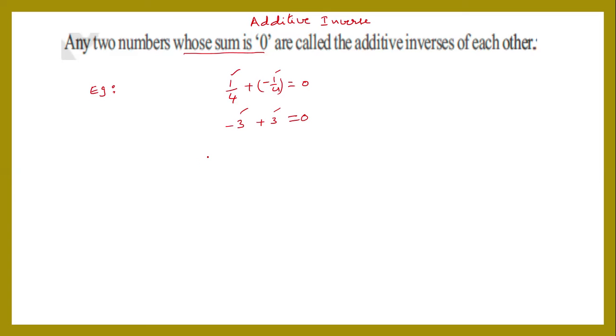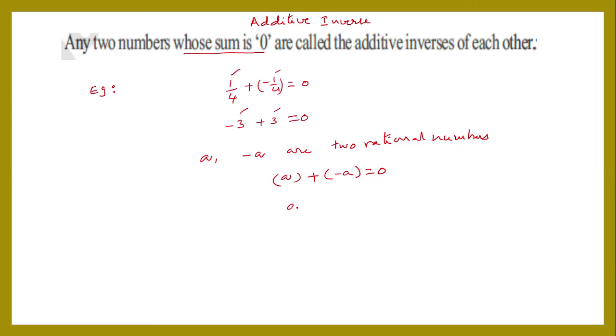We conclude that if A and minus A are two rational numbers, the sum of those two, A plus minus A, what do we get? 0. If the sum of two numbers is 0, then those two rational numbers are called additive inverses of each other.